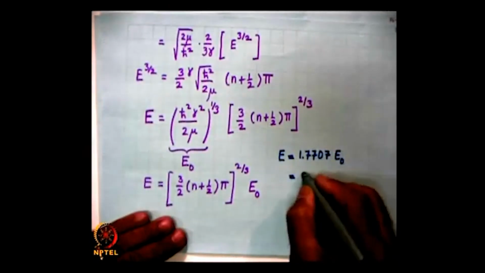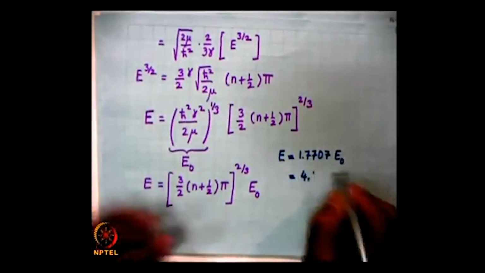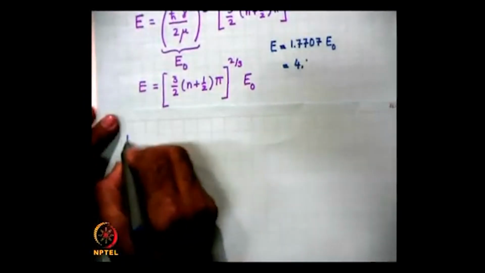Let me write it down on a separate page. So, if you substitute n equal to 0, n equal to 1 and n equal to 2, you will get the following values.